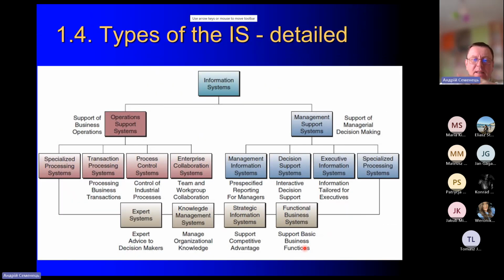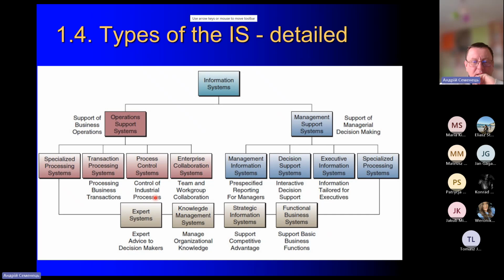Okay, and here is yet another hierarchy of information systems in a little more detail, depending on what we support, operation support or management support. We have a few different types, not only TPS, but process control, manufacturing, and enterprise collaboration systems. With enterprise collaboration systems, we are talking about the usage of software like Teams.